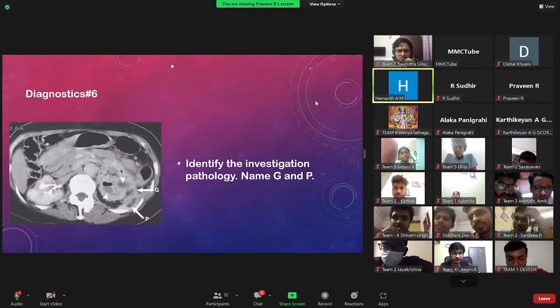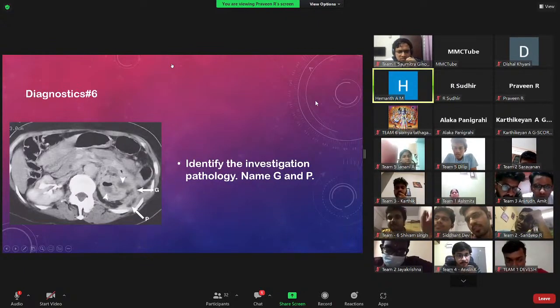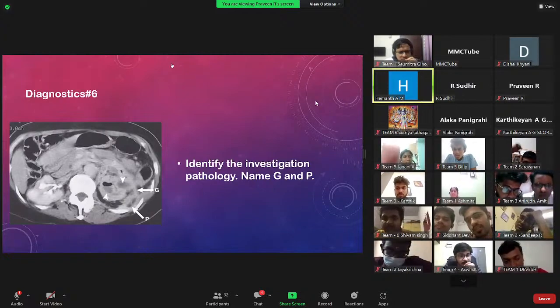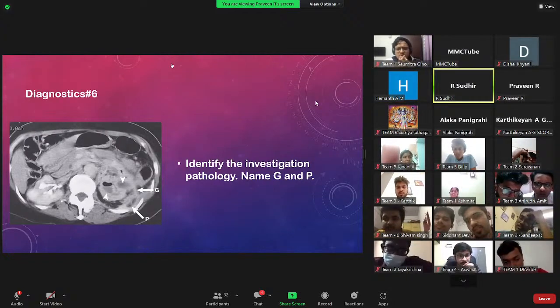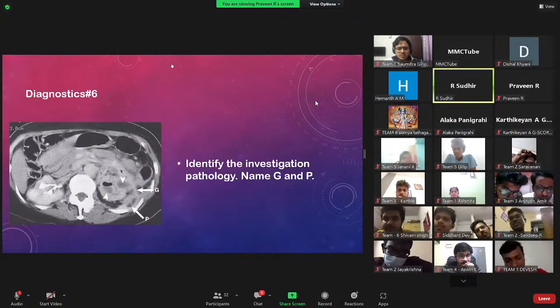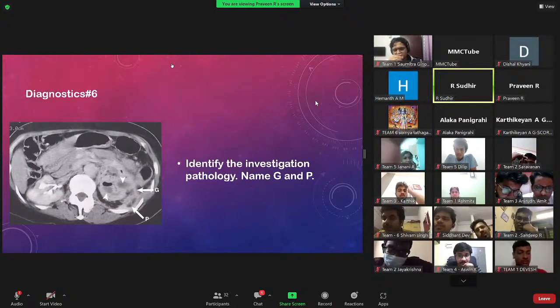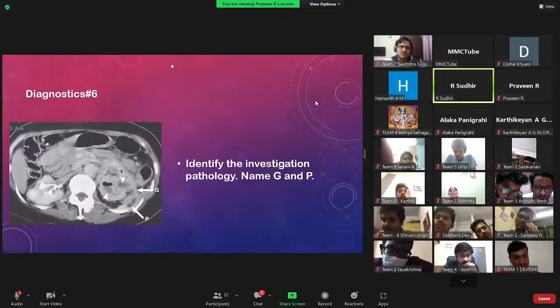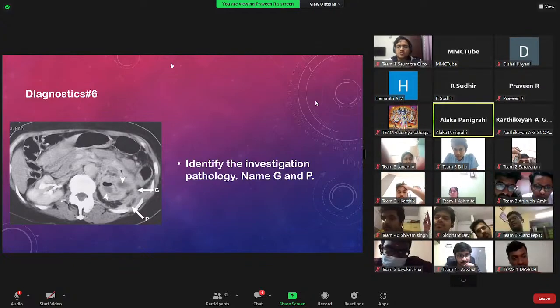Identify the investigation and the pathology shown here. Name the markings G and P. Count starts now. Counts over.